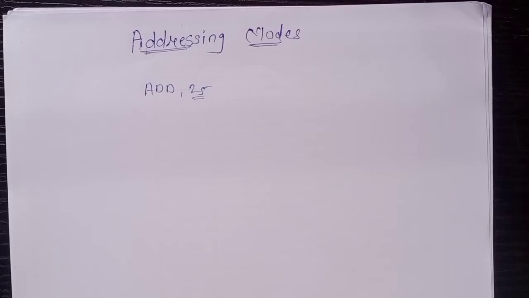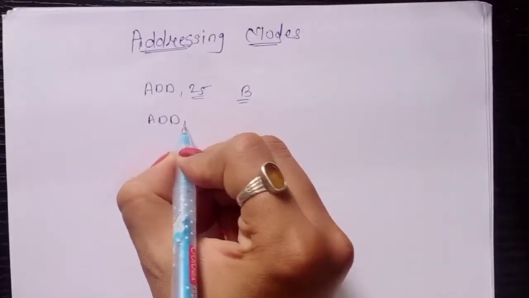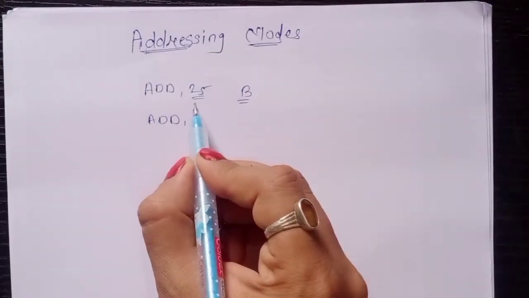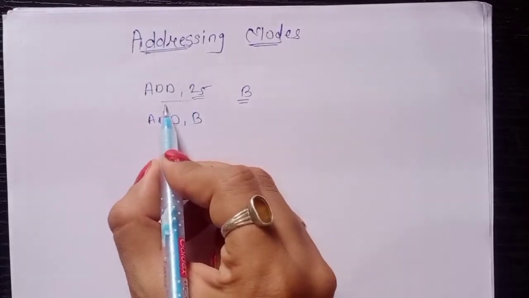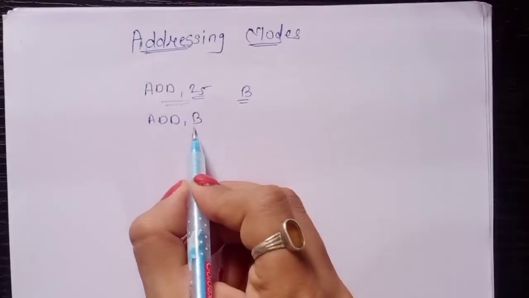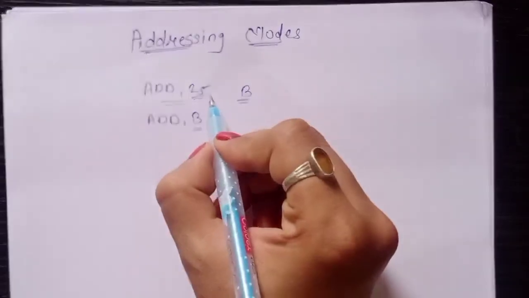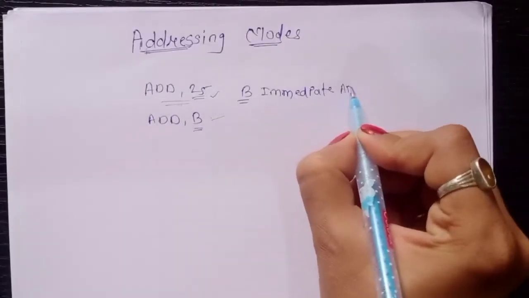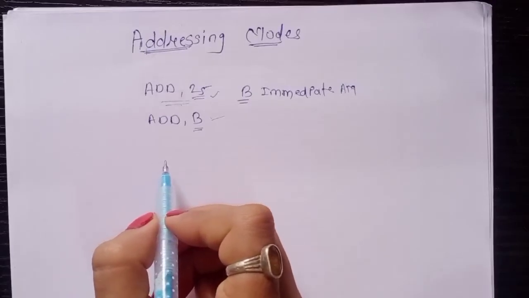Or you may put this 25 inside some register, like the B register, and say add B. Now in both cases you are adding the number 25, but this time instead of giving the operand in the instruction directly, you are giving it using a register. So this is called simple addressing mode. The first is called immediate addressing mode, in which the operand is directly given in the instruction, and this is called simple addressing mode.